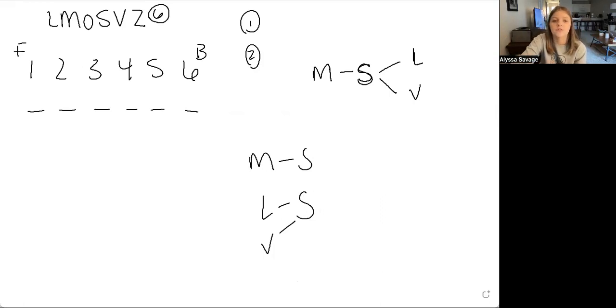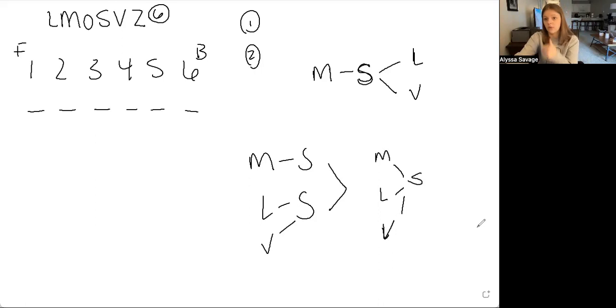We can't shift that order. When we pick them up, we can only overlap them. So in this case, if this was my rule, it would actually be something like this. M is before, or M, L, and V are all before S.